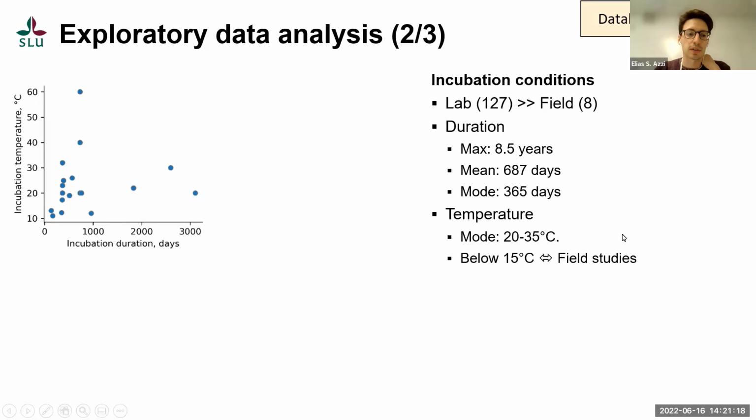In lab conditions, you can do that mainly to accelerate the decomposition and see if temperature plays a big role or not. For temperatures below 15 degrees, what we have in the database are a few points. They are mostly the field studies, not lab. And in that case, the temperature reported is an annual average, although it varies day by day, season by season.